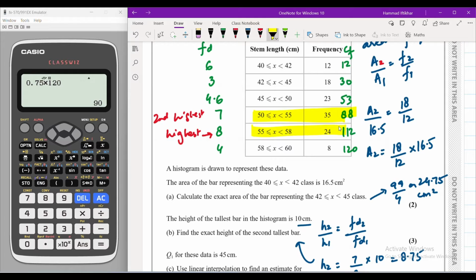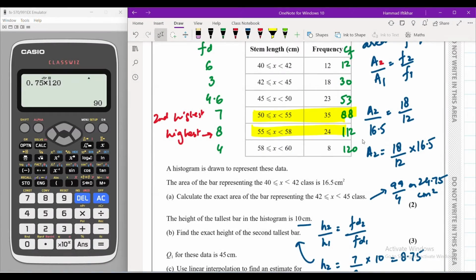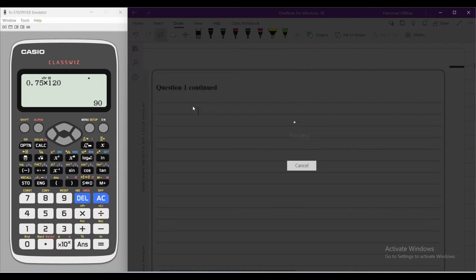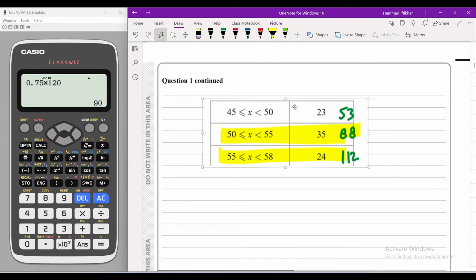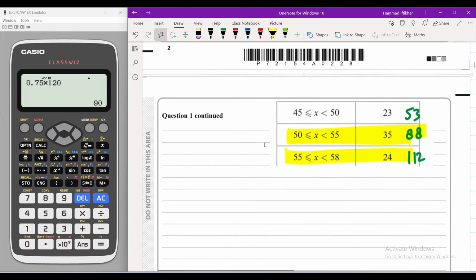What we need is to copy this information so we can do linear interpolation. We just need these three. So that was 60.